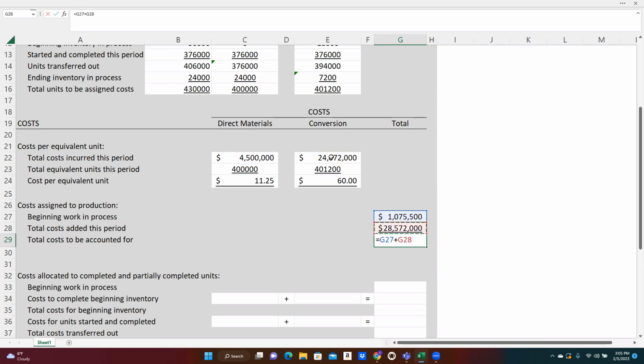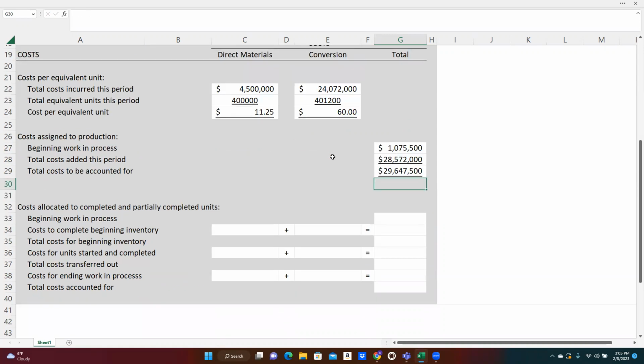And so the cost to be accounted for, $29,647,500. And again, we have a way of checking ourselves because that number, total cost to be accounted for, needs to, when we finish the very bottom line of this process cost report, total costs accounted for need to add up to that $29,647,500.